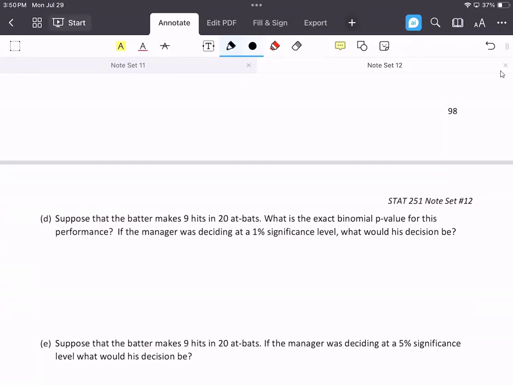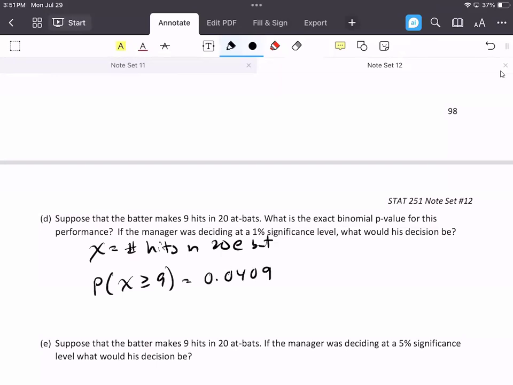X, the random variable, is the number of hits in 20 at bats. This is binomial, n equals 20 and p equals 0.25. And we're interested in how unusual it would be to get 9 or better. And there we go. There's my p-value.